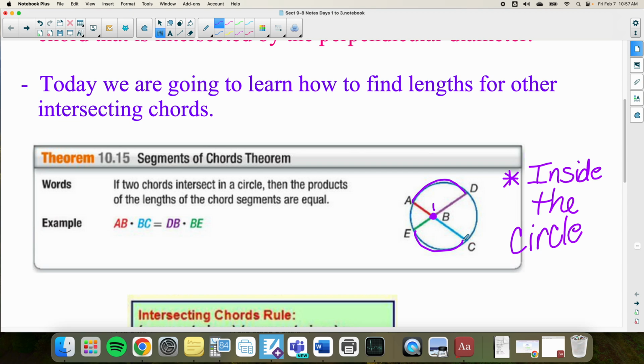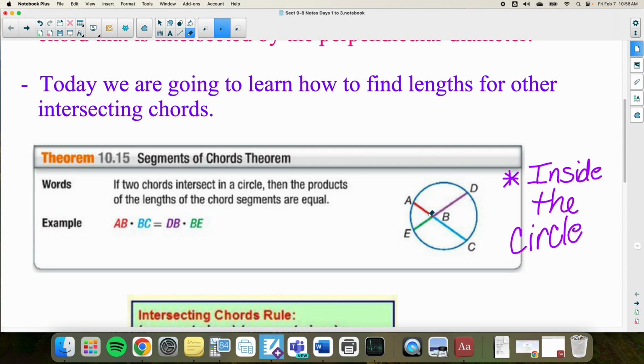And we would go 1/2 times this arc AD plus arc EC, and we'd figure it out that way. So that time we were dealing with angles and arcs. This time, we're not dealing with angles and arcs. Instead, what we're looking for is chord lengths or segment lengths.